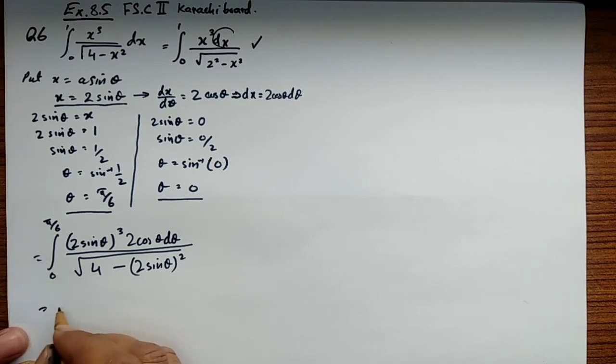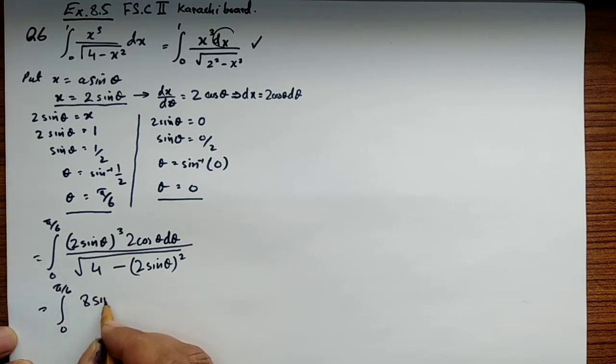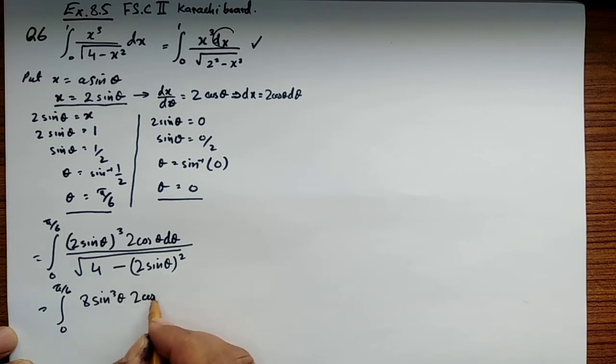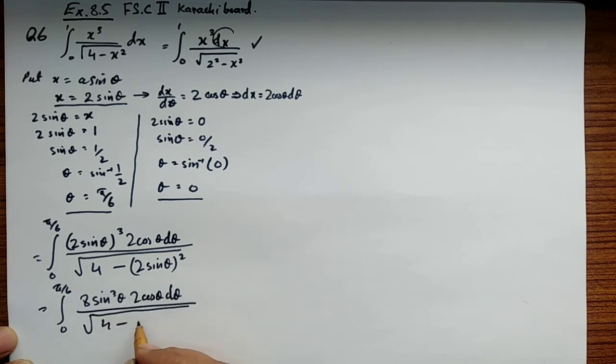Now opening the squares, what I am going to write is the integral from 0 to pi upon 6 of 8 sine cube of theta 2 cos theta d theta whole divided by root of 4 minus 4 sine square theta, right?